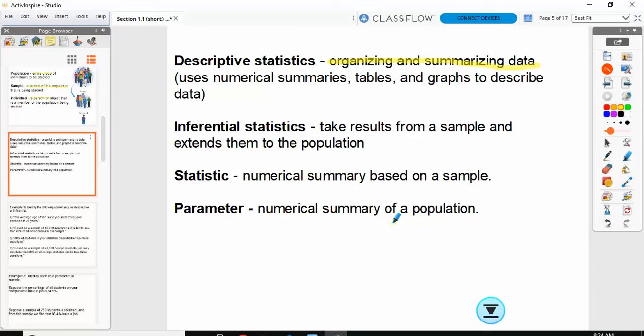I'm showing you that dot graph we made from the Pepsi experiment. That's descriptive. I'm just describing what I found. Inferential is when we take the results and extend it to the population. So inferential, I'm trying to draw some conclusion from what I found.